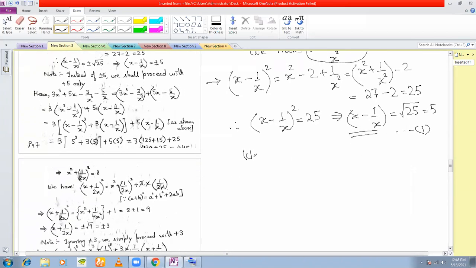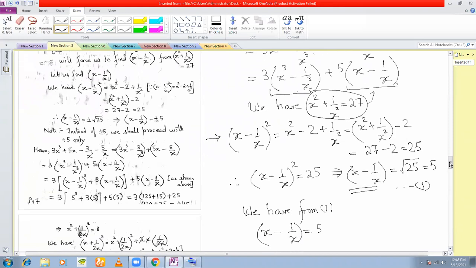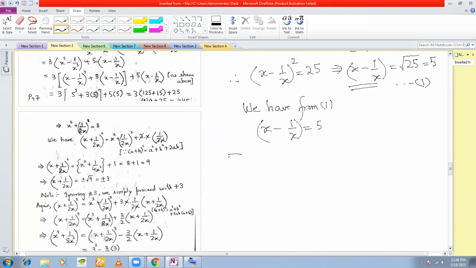So we start by saying we have from 1, x minus 1 by x is equal to 5. Now we want to move to power 3 because we want to find out the value of this. And we can always move from power 1 to power 3 by cubing.